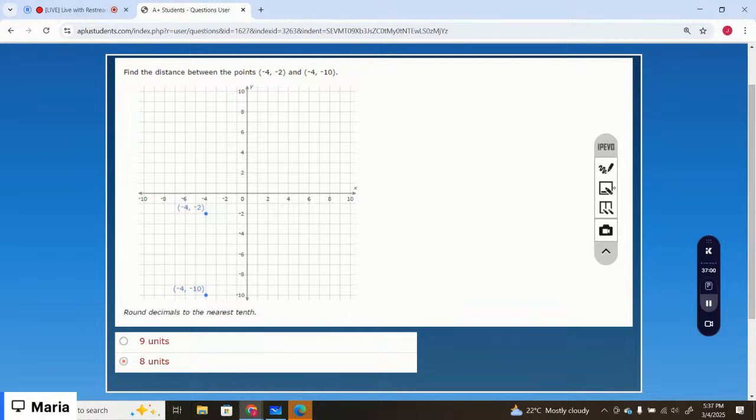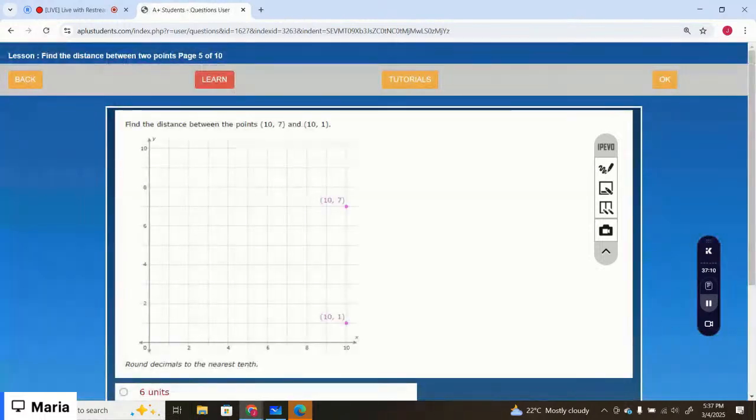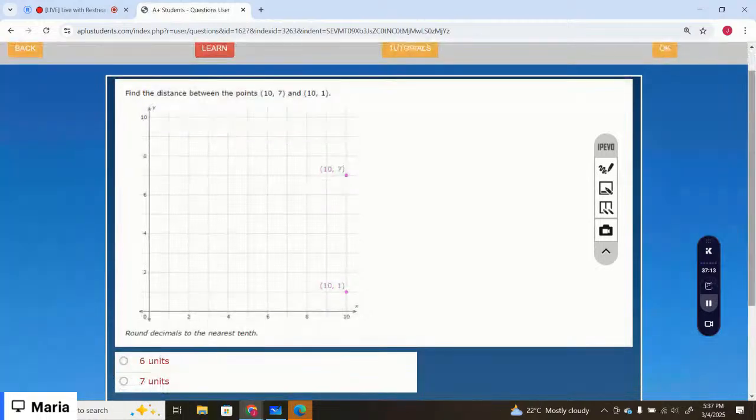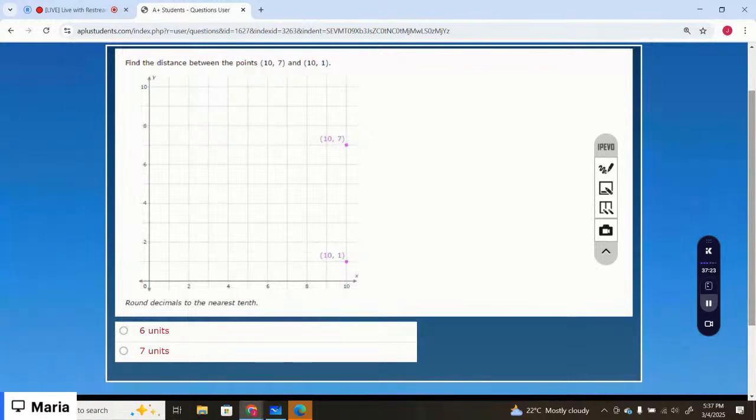Option number 2 is the correct option. The distance between the points 10, 7 and 10, 1 is 6 units.